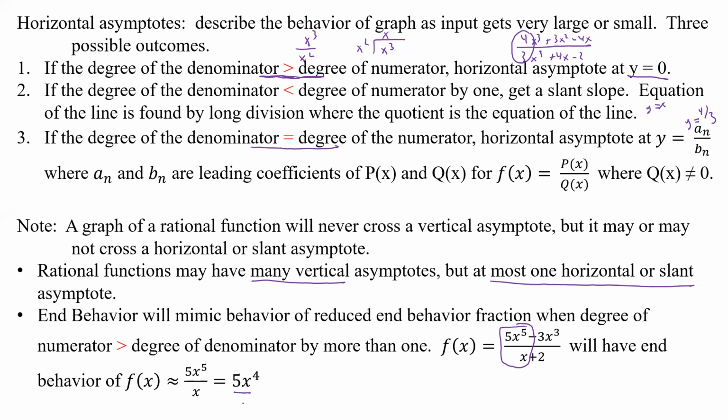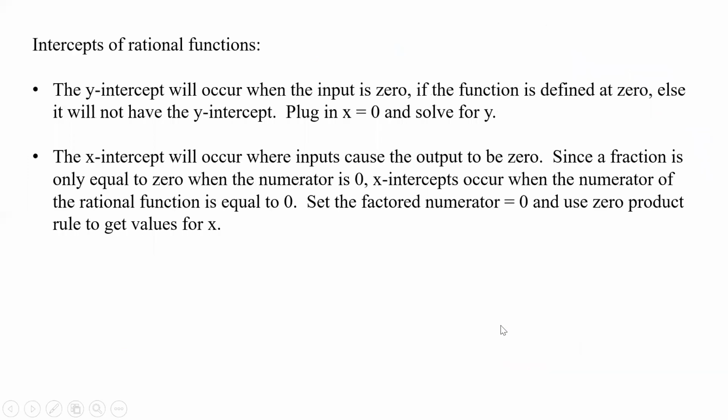That helps us figure out the end behavior by reducing just the beginning terms. Now, if it had been 5x to the fifth over 2x to the third, then our end behavior is going to be 5 halves x squared. It's going to look more like that if we had those as the beginning terms.